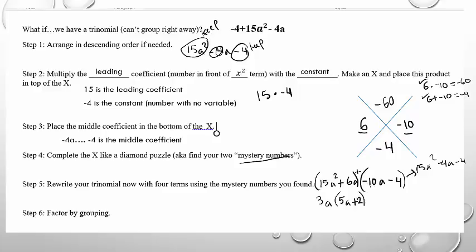And from the second group, I can factor out a negative 2. And that leaves me with 5a plus 2. So my answer is going to be 3a minus 2 times 5a plus 2.